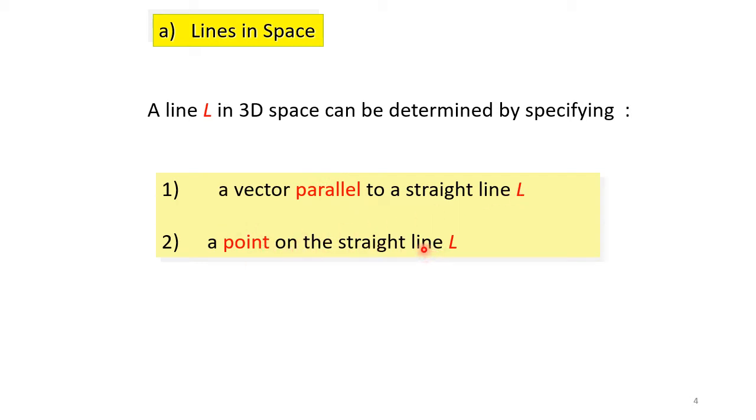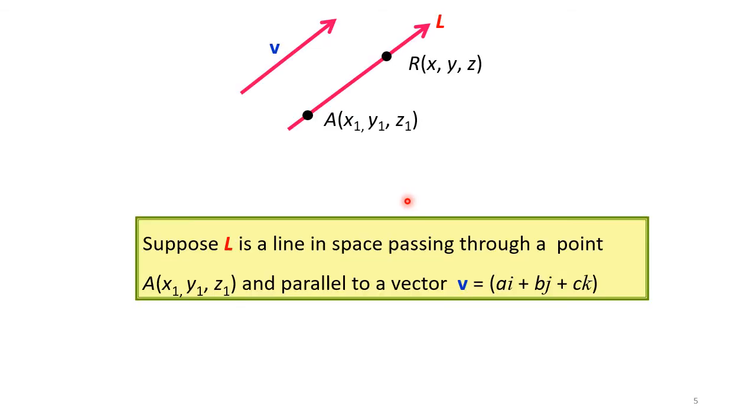In order to find this equation, we should have these two components, a vector parallel and a point. So this is our straight line consisting of point A and R, and it is parallel with vector V. This is the parallel vector V, and A is a point on the straight line L.